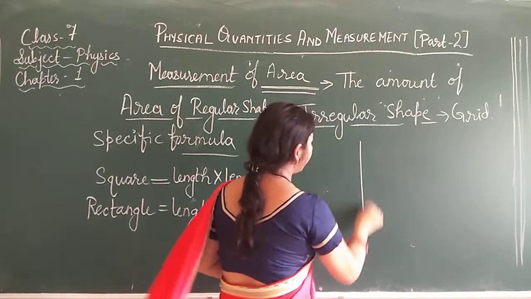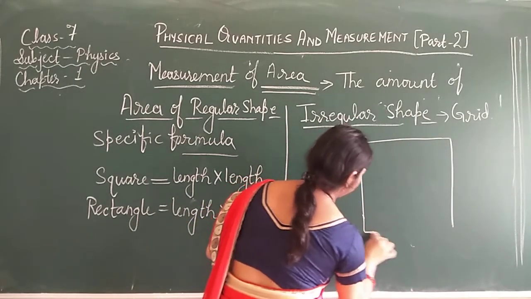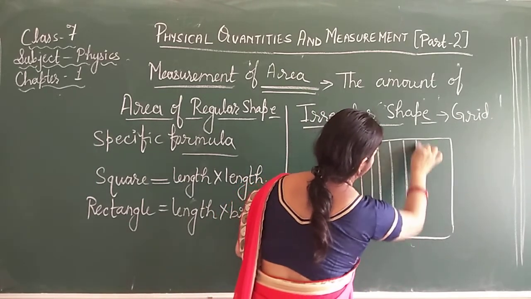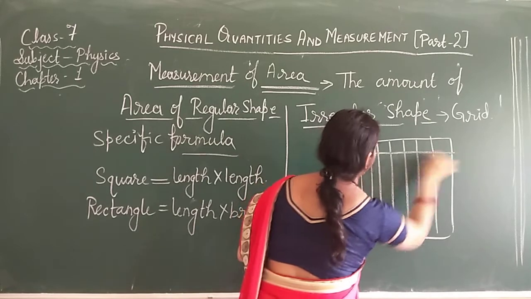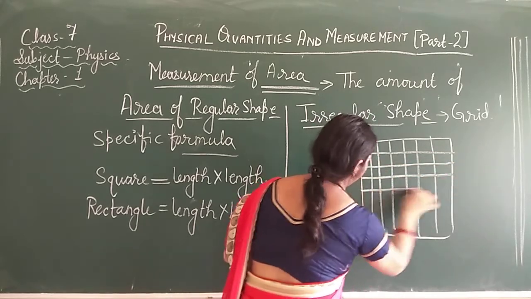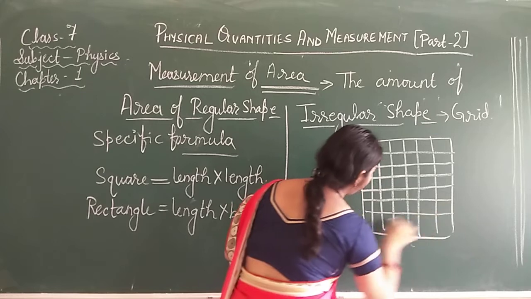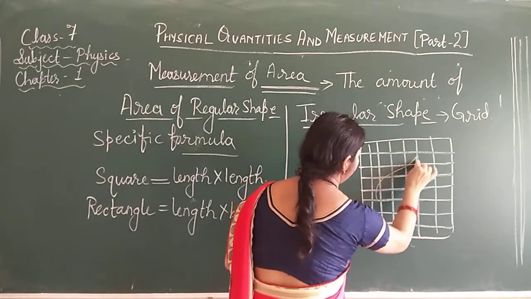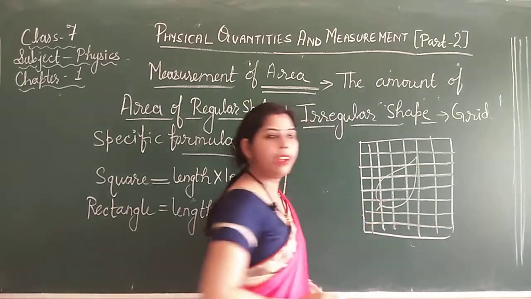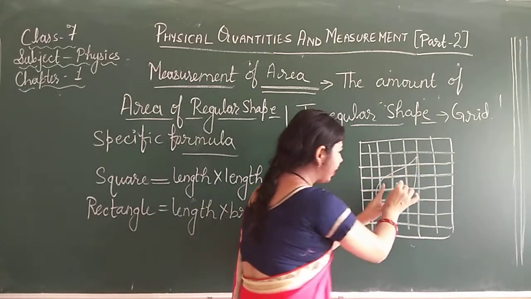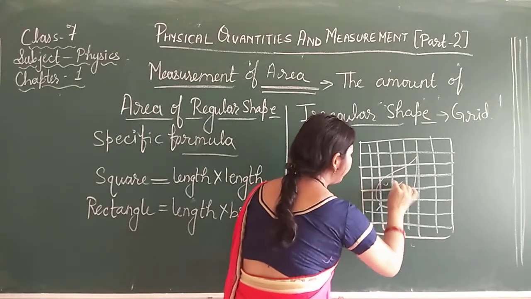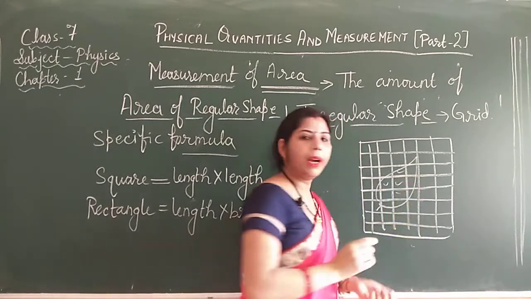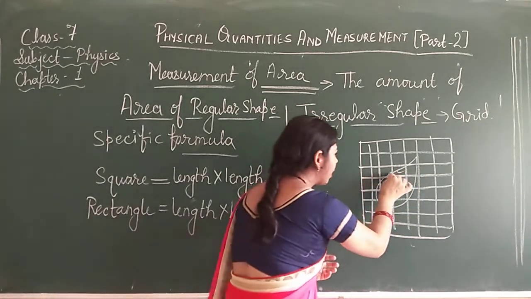Suppose this is a block-like structure, just like your graph paper, and you place a leaf over here. We have to tick the boxes which are completely filled, and the boxes that are half filled or more than half filled are also ticked, but those that are less than half should be cut.